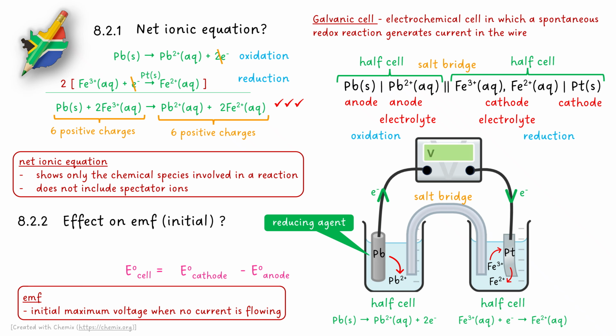The formula for the EMF is the cell potential is equal to the electrode potential of the cathode minus the electrode potential of the anode. If a stronger reducing agent is used, the electrode potential value for the cathode will be larger. This will result in a larger E cell, in other words, a larger EMF. So the effect of a stronger reducing agent on the EMF is that the EMF increases.